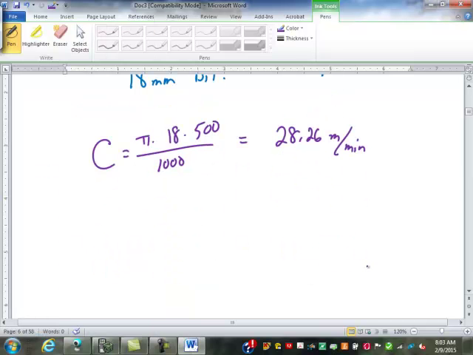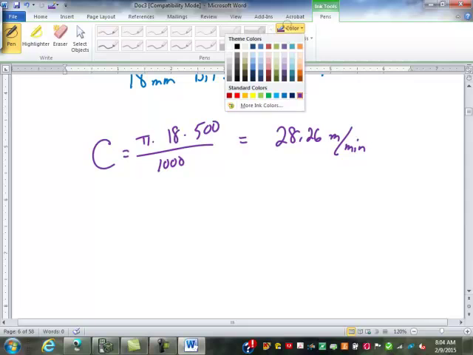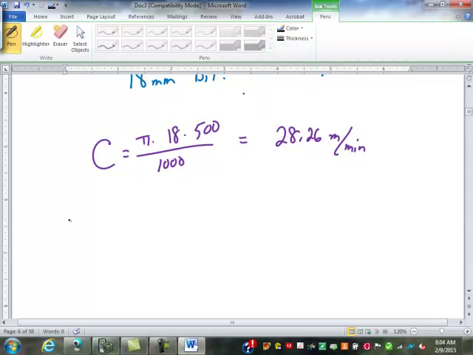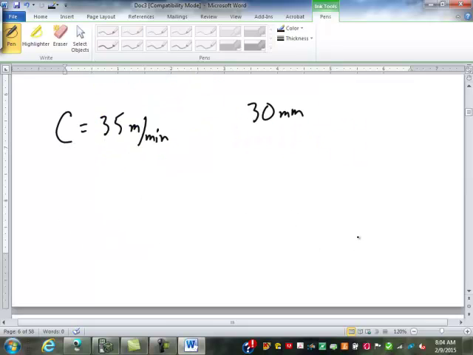Again, usually we're not concerned about finding the surface cutting speed. Usually we have the cutting speed given and we're concerned about finding the RPM. So let's say that we want a cutting speed of 35 meters per minute, and we have a piece of material that is 30 millimeters. Find the RPM. Well, we're just using the RPM formula.